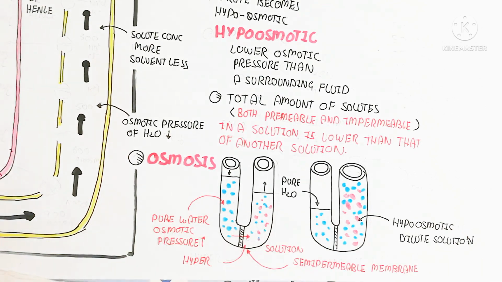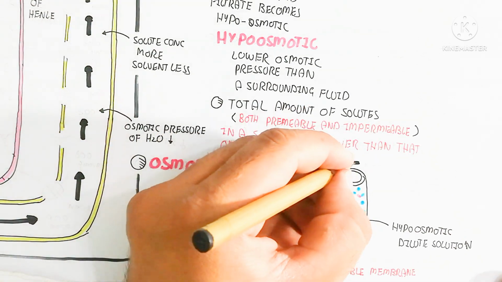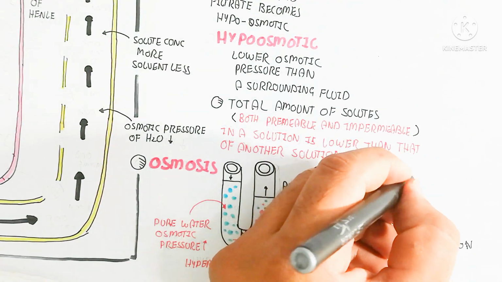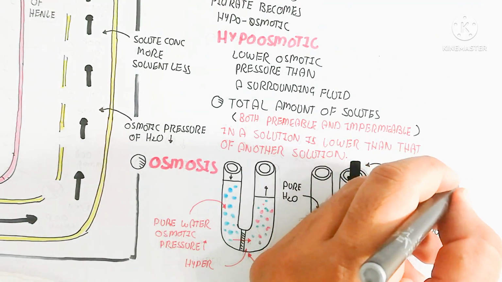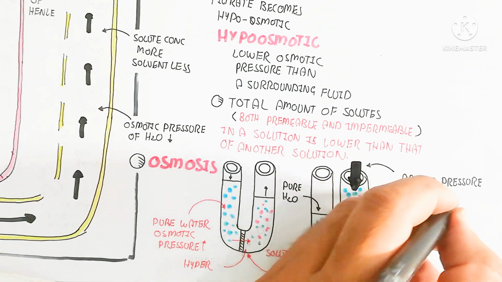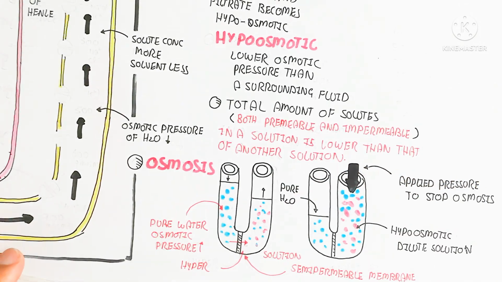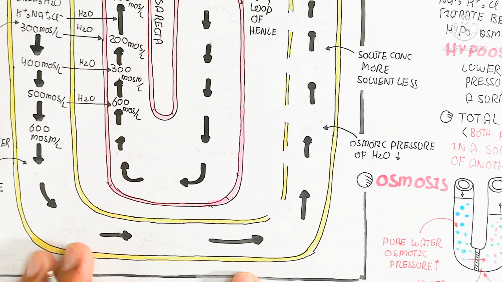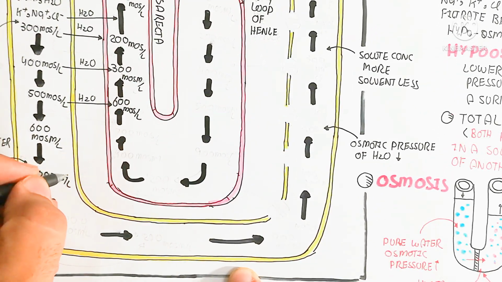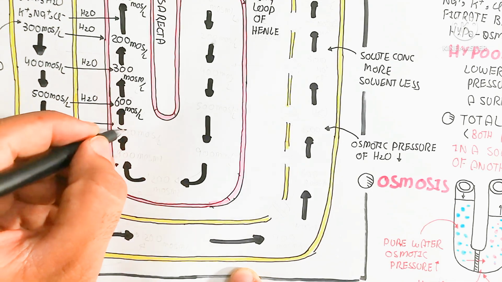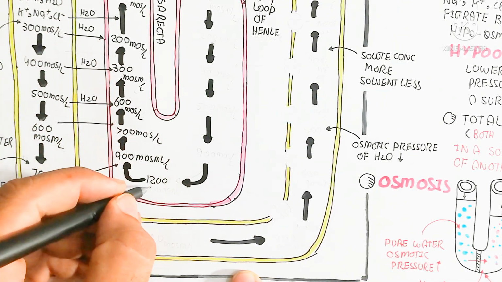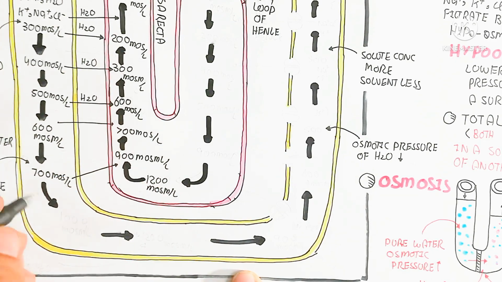So the hypoosmotic state can stop osmosis through a pressure, and for understanding, the hypoosmotic dilute solution will occur in the nephron. In this way you can understand this is 700 milliosmol per liter moving toward 900 milliosmol per liter.